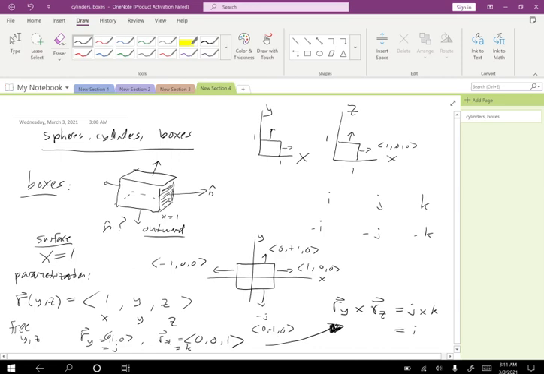That's i. And remember, if you're crossing unit vectors, you just go cyclic. Okay, so that's just what we get for the normal vector.